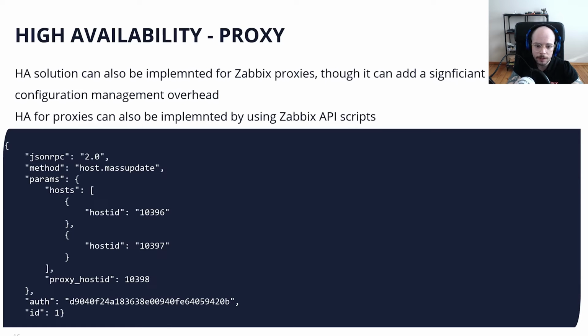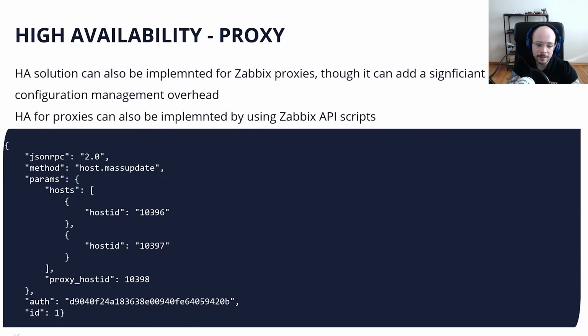Of course, if you're familiar with the HA suite that I specified, PCS, Corosync, Pacemaker, or some other HA suite that you use, then maybe it'll be a simple deal for you. Another approach that we can use is the API. We can essentially have 2 proxies running without the need for that HA suite.